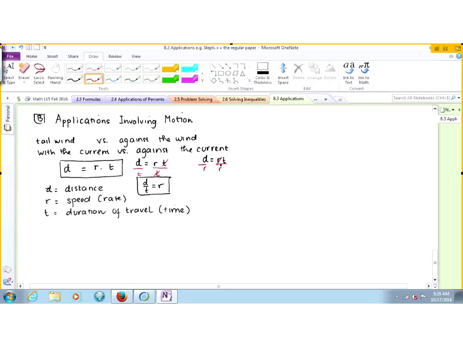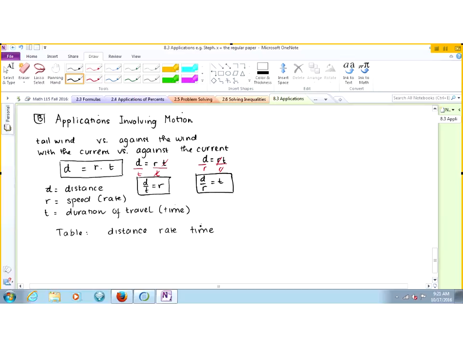Divide by R, so this is easy. So T is D over R. Now, on your table, you will have the columns distance, rate, and time.